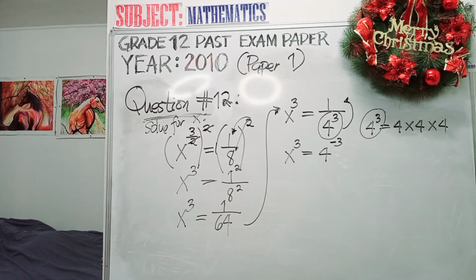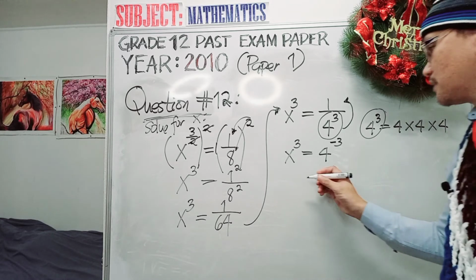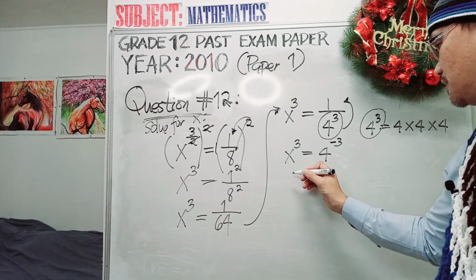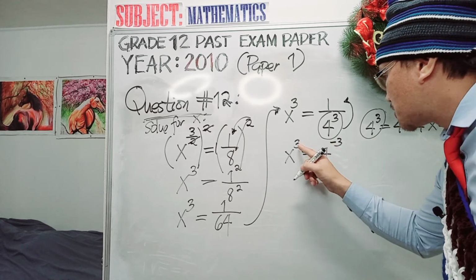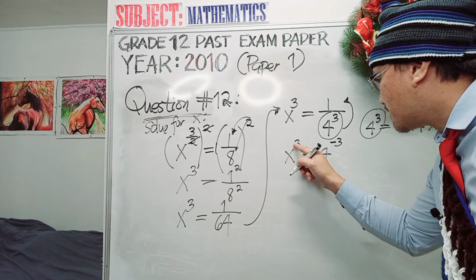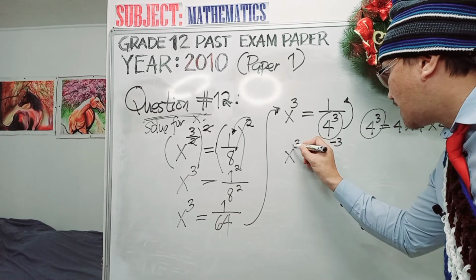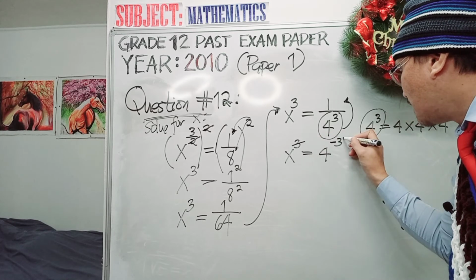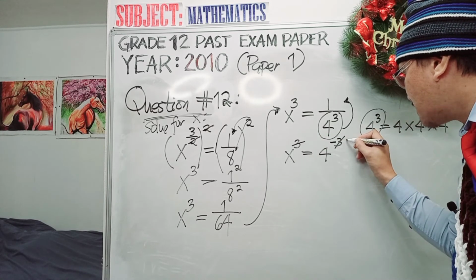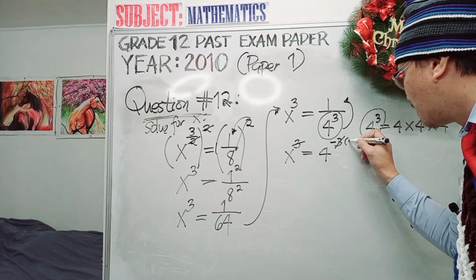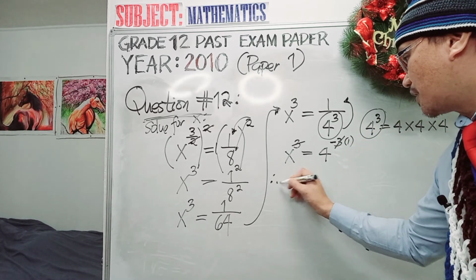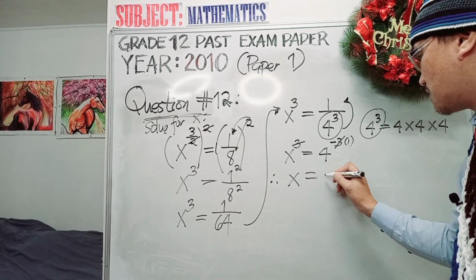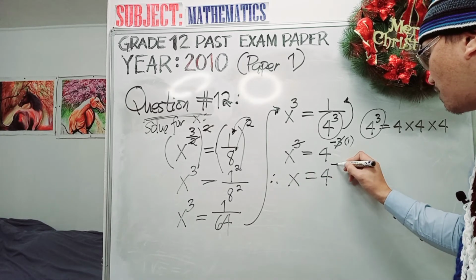Okay? So what is next now? The index 3 here is positive. Well, we can cancel this 3 and we can cancel this 3. But this one is now left with negative 1. So therefore, our answer is x is equal to 4 to the power of negative 1.